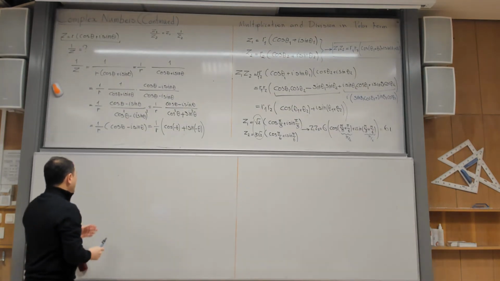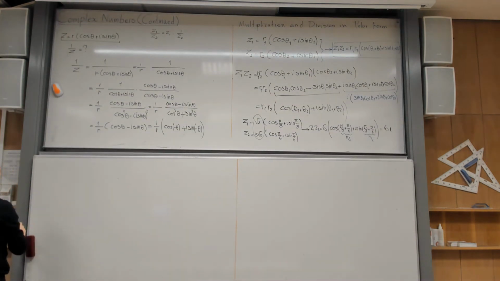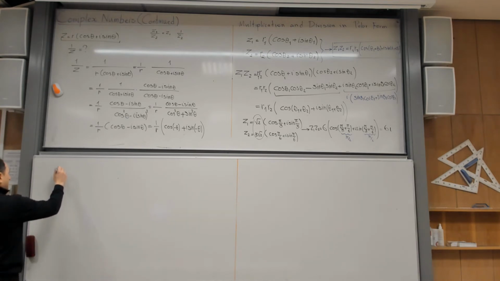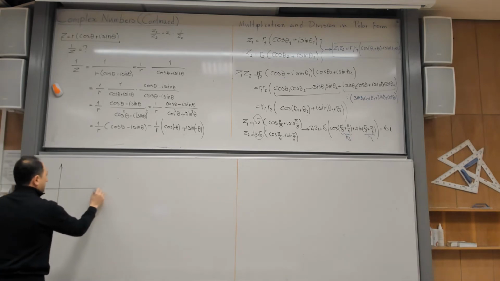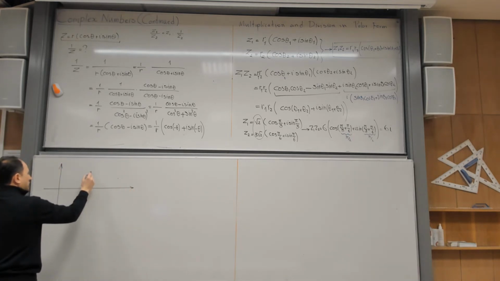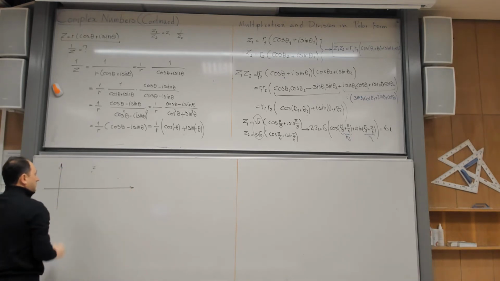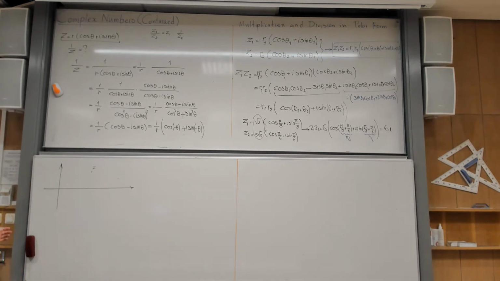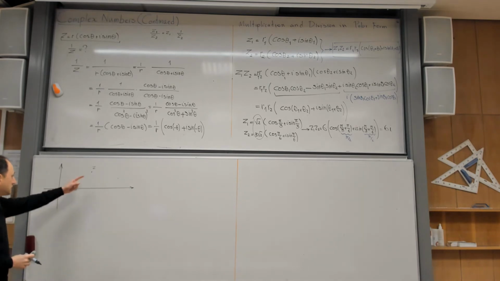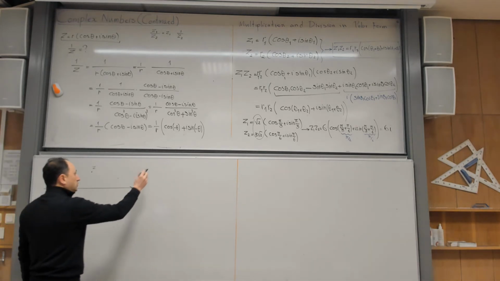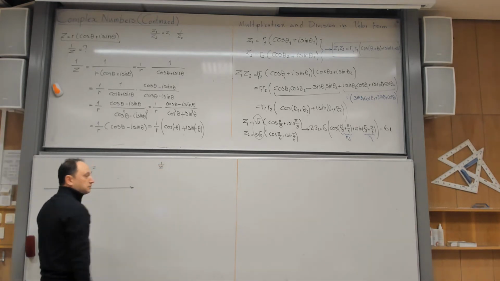For example, let me just see how I can use this. For example, if I tell you that this point is z, by the way, I could have asked this question before. So if this is z, z is a point in the plane, 1 over z is also a point in the plane.